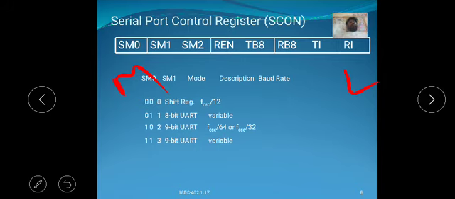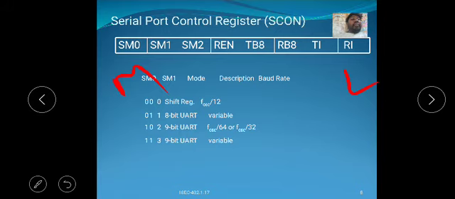The serial port control register, the modes of operation. 00, mode 0, is a shift register. The baud rate is 1/12 of the oscillator frequency. 01, mode 1, 8-bit universal asynchronous receiver and transmitter.